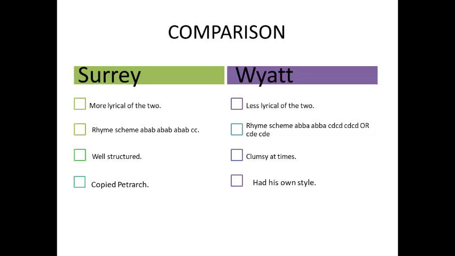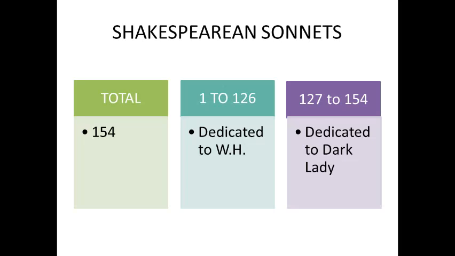Now, talking about Shakespeare's sonnets, he, as I told you, was copying Surrey in his sonnets. The total number of sonnets written by Shakespeare was 154, and they were first published in the year 1609.